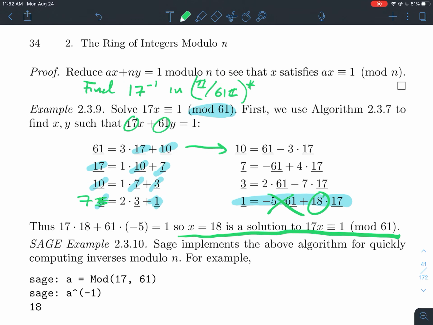By the way, Sage is capable of doing this for you too. The command is to set a to be capital M, and then type the element you want and the modulus n, and then you could just ask Sage, tell me what a inverse is. You don't have to set a as a variable.